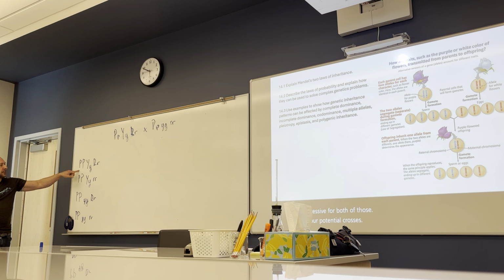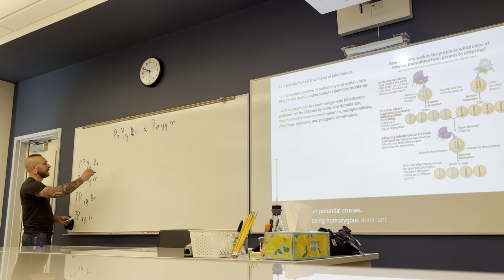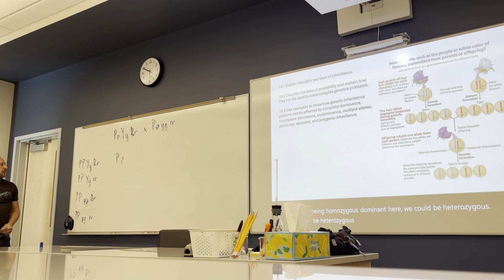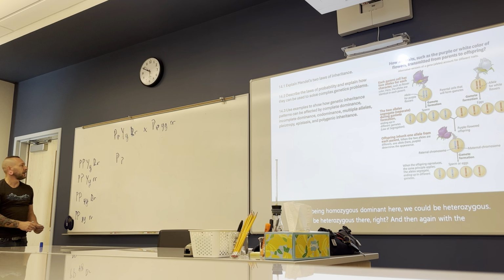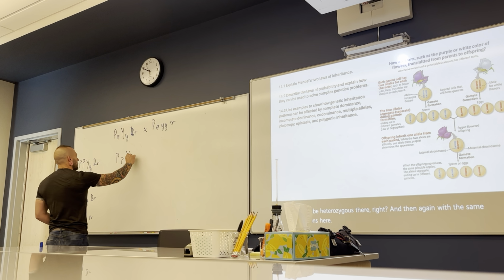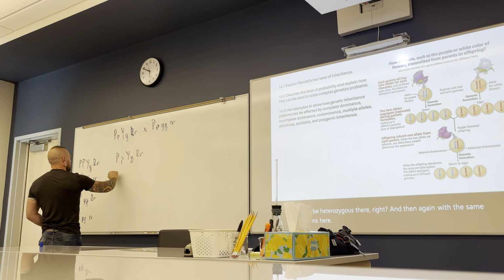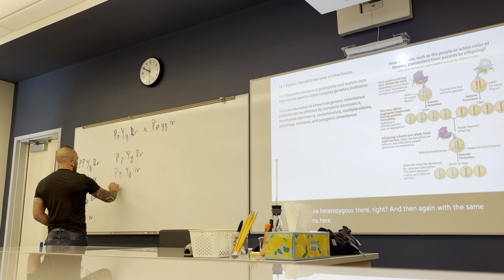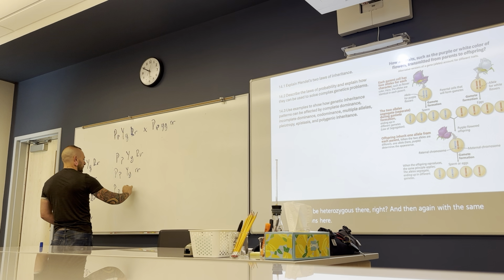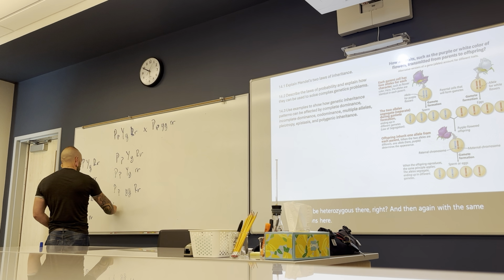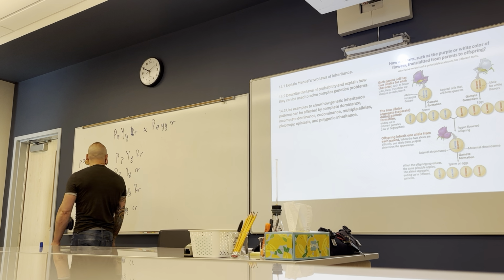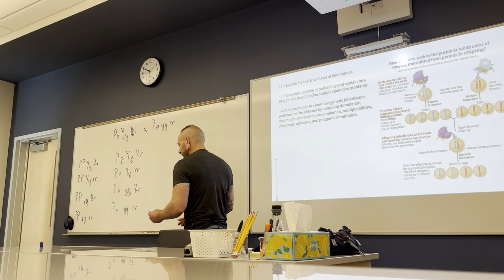Instead of being homozygous dominant here, we could be heterozygous. So we could be heterozygous there, and then again with the same combinations here. So there's 4 more possibilities.